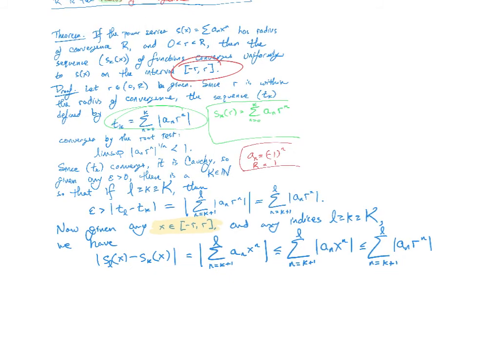And now I hope you see that that is the same sum as we had the line above, which is less than epsilon. That's it. We established uniform convergence.